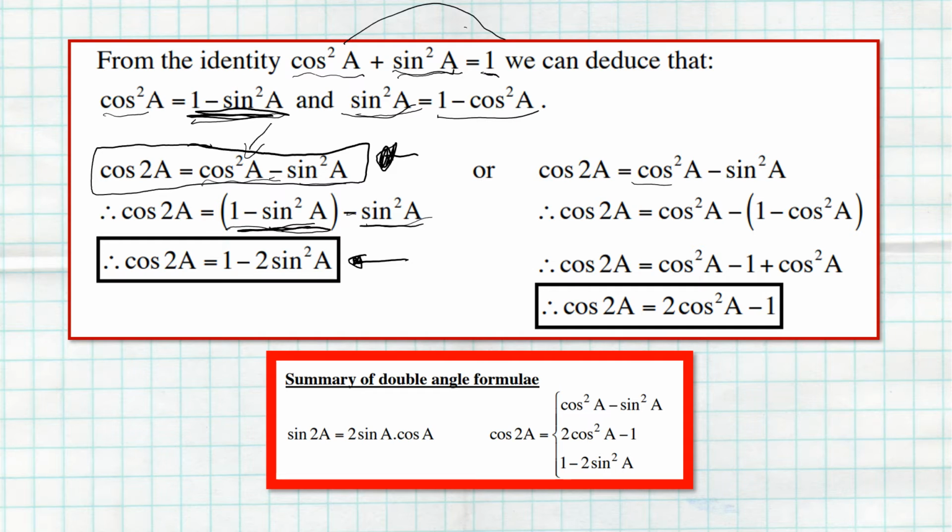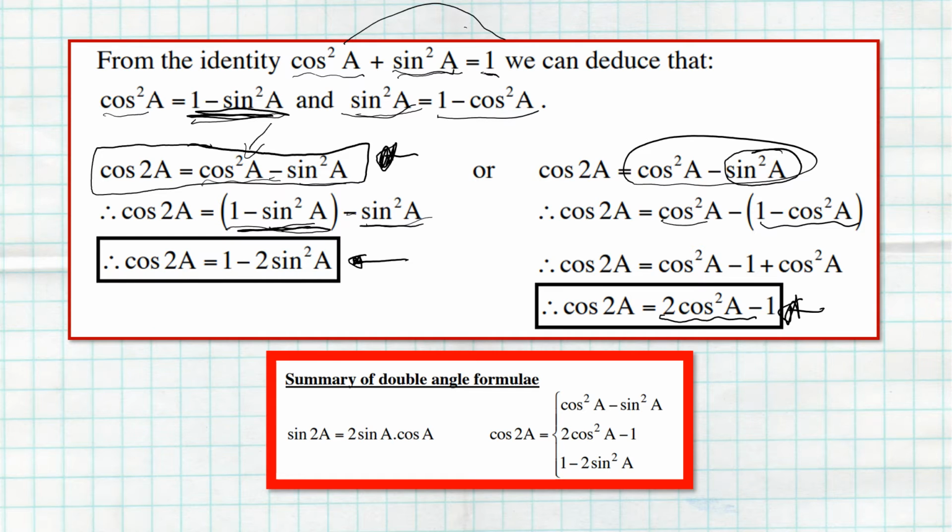Similarly, we can also do it this side, where I can change my sine squared a into what? Into 1 minus cos squared a, right? So when you change it, you remove the bracket by negating it to be minus 1 plus cos squared a. Then cos squared a will add up with cos squared a to give you 2 cos squared a minus 1.